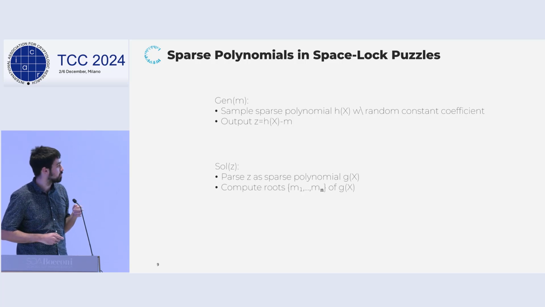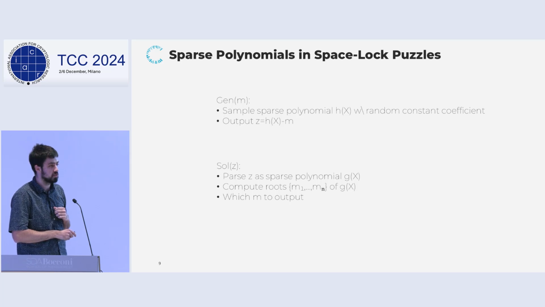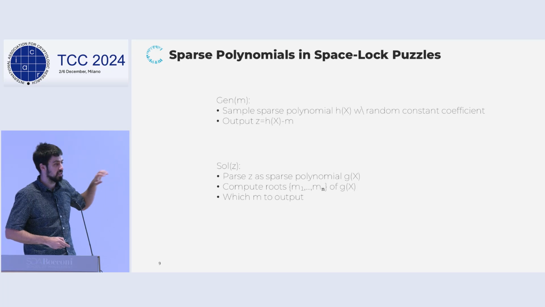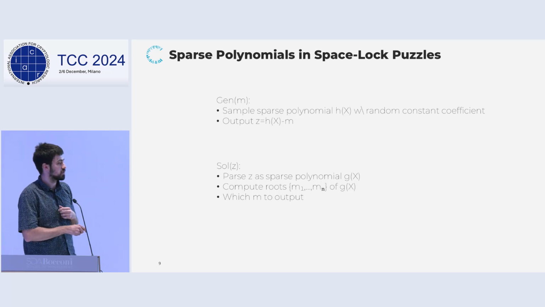Oh, now we have a problem. We don't have the guarantee that g(x) is a permutation polynomial, so technically this could output multiple values. I mean, this would work if g(x) was a permutation polynomial, because then there would only be one possible message here, because g(x) would only have one root.